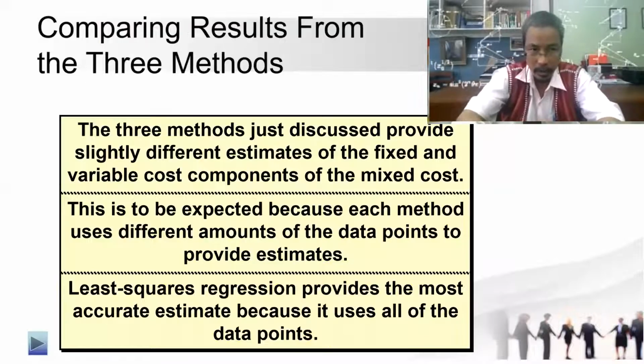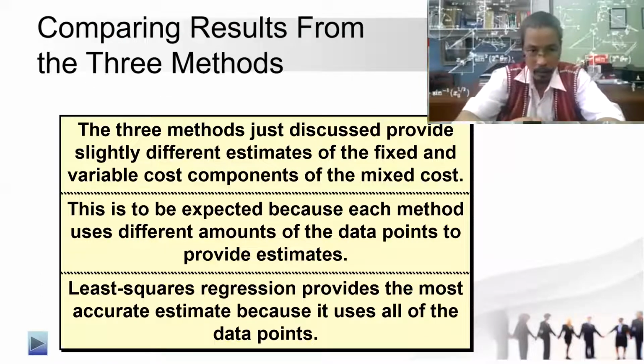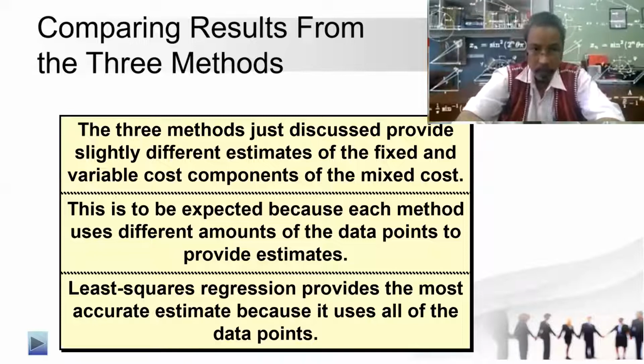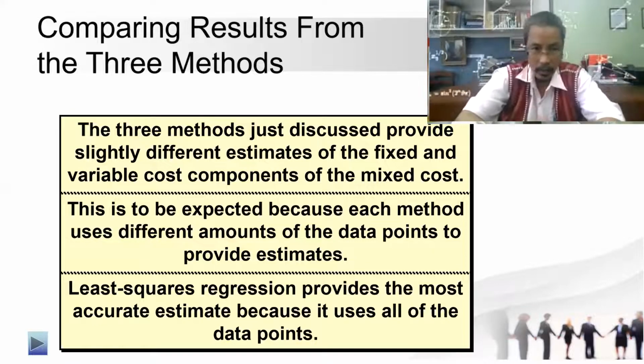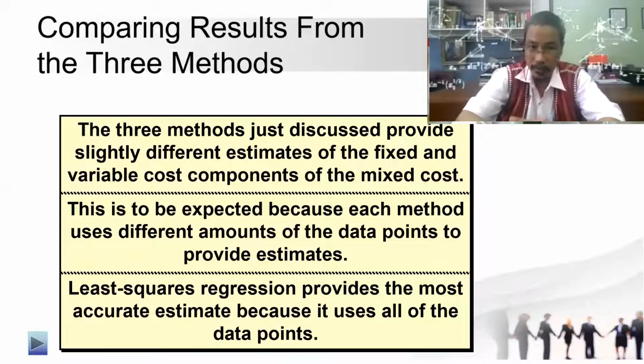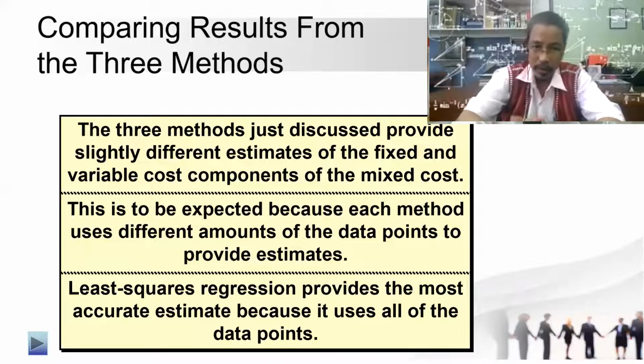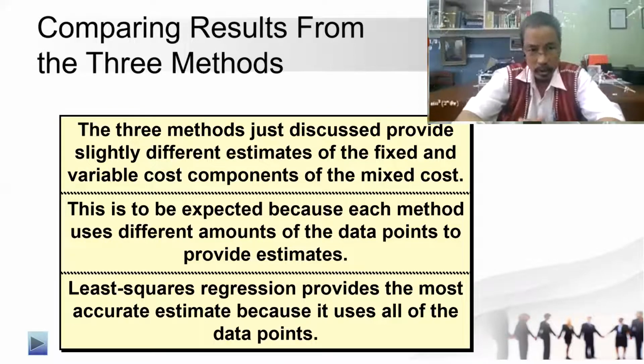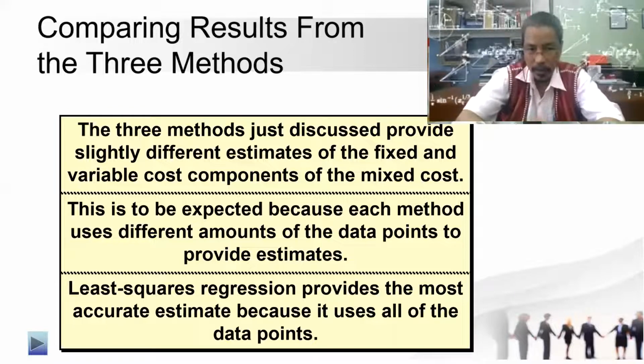So comparing the results from the three methods, we have what? The three methods just discussed provide slightly different estimates of the fixed and variable cost components of the mixed cost. This is to be expected because each method uses different amounts of the data points to provide estimates.